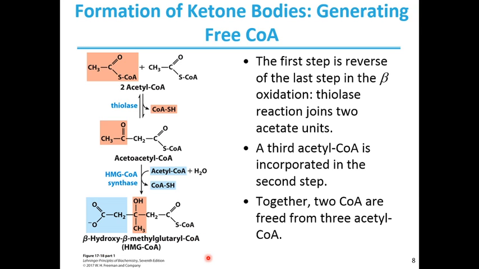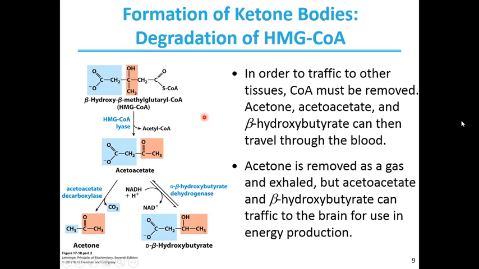beta-hydroxy-beta-methyl glutaryl-CoA by the enzyme HMG-CoA synthetase. And what it does is it adds another molecule of acetyl-CoA to the substrate acetoacetyl-CoA. HMG-CoA gets converted to acetoacetate by the action of the enzyme HMG-CoA lyase, and in this process a molecule of acetyl-CoA is released.